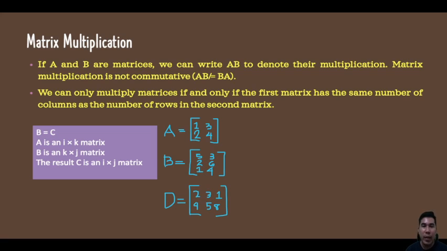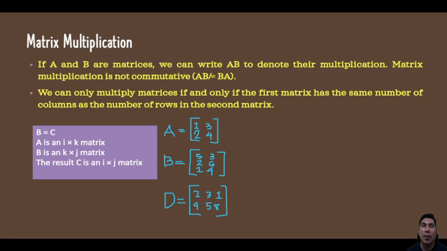Therefore, if you have A and B matrices, A should be an I times K matrix, represented by rows and columns, and B should be a K by J matrix, and it results in C, which is an I times J matrix. What do you mean by that?